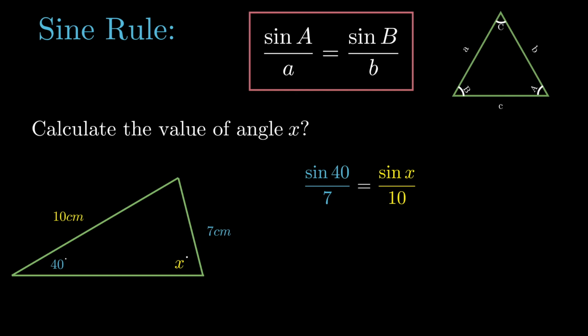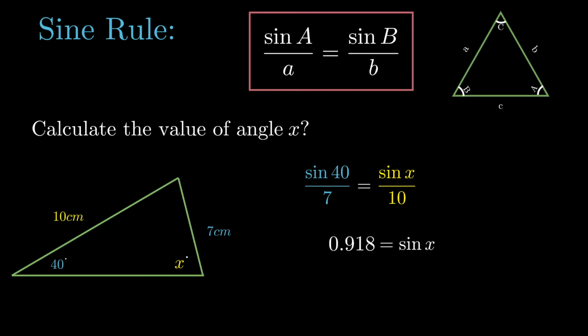Now, the same as example 1, in order to get sine x by itself, we can multiply both sides by 10. So we have 10 times sine 40 over 7 is equal to sine x. When we plug the left side into the calculator, we get 0.918 is equal to sine x.